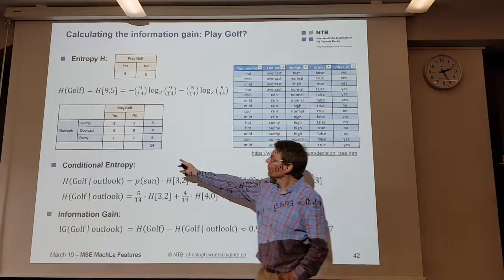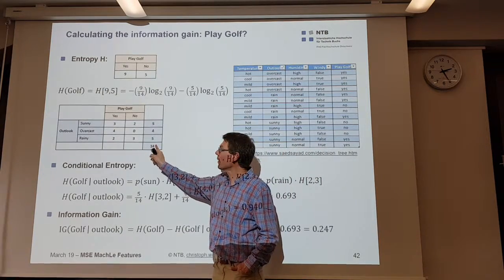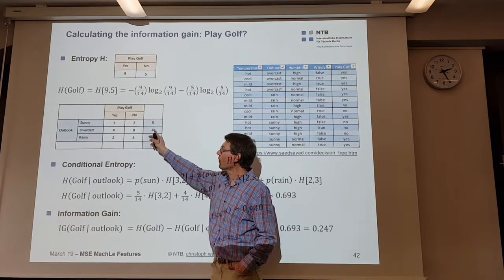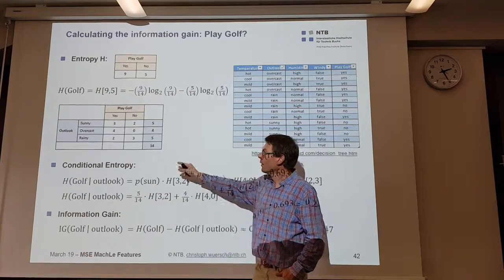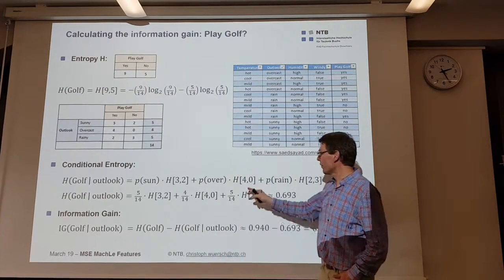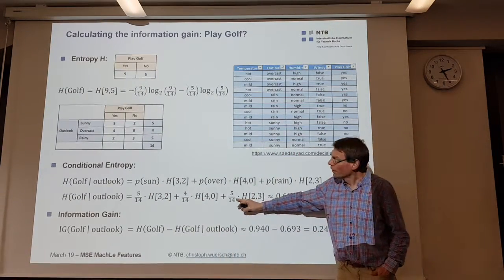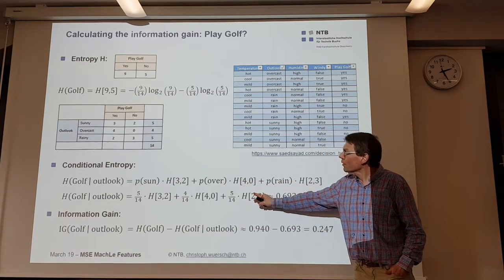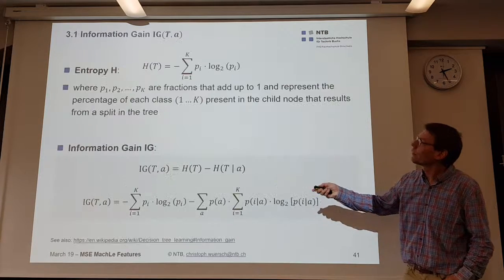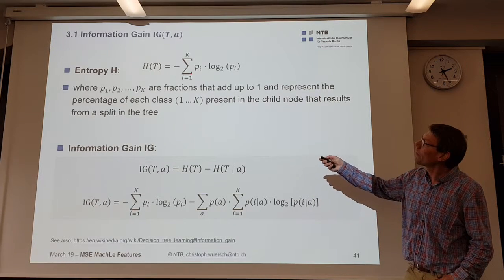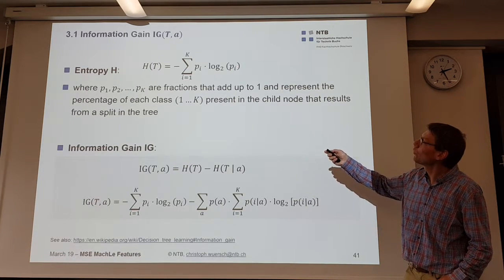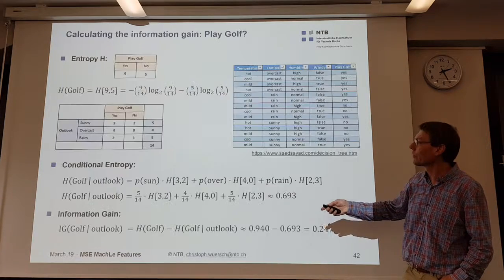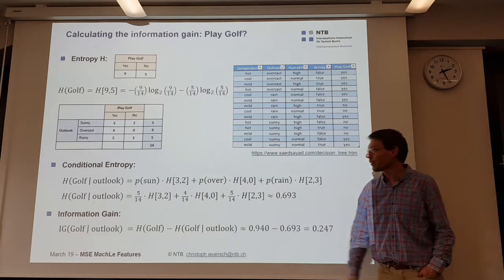The whole data consists of 14 entries, and the probability that it is sunny is 5 over 14. This is the weighting of this conditional entropy. And the entropy is calculated by the split, like this, 2 over 5 times log 2 over 5, plus 3 over 5, always the complementary of it.